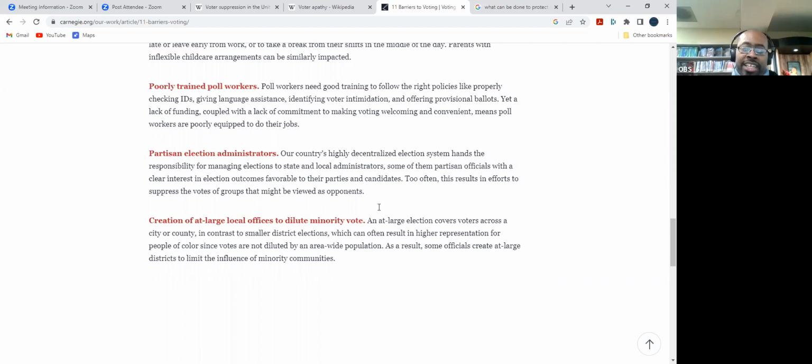We've seen this a lot in the 2016 presidential election. We saw that in 2018. We saw that in 2020. We also saw that in 2022. But in certain states like Georgia, for example, they have combated that.